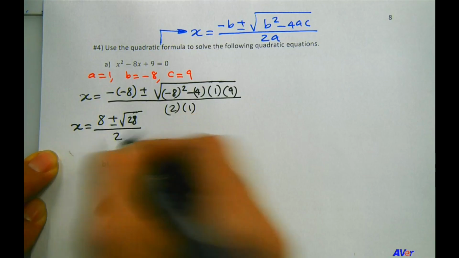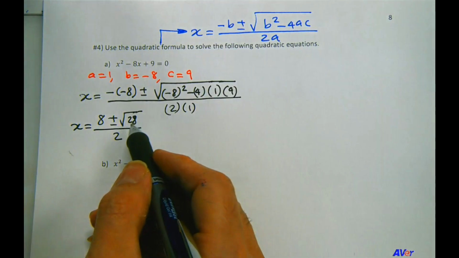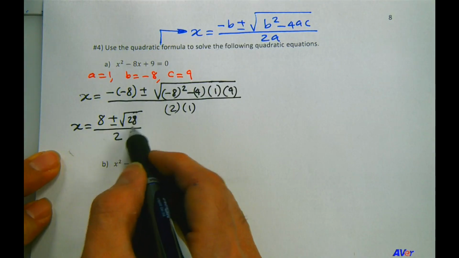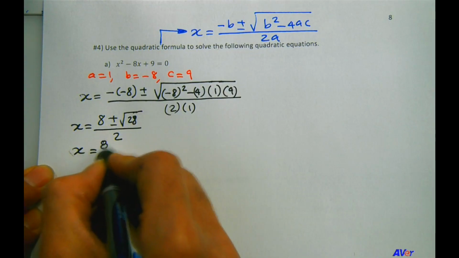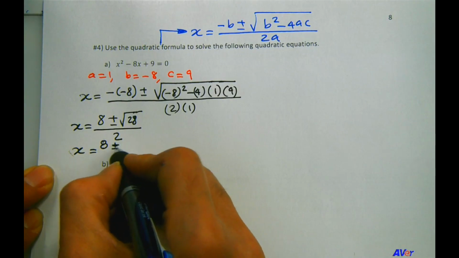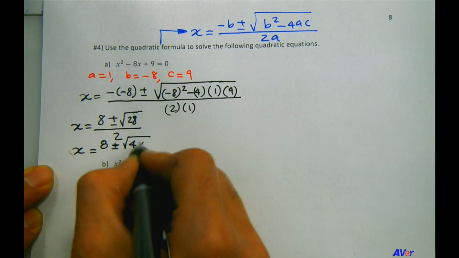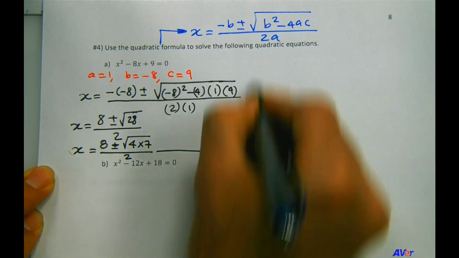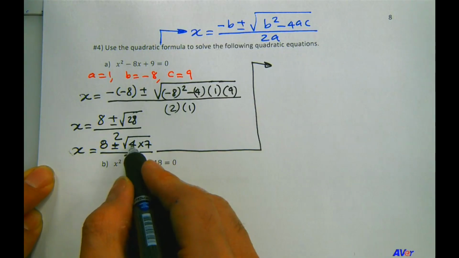Divided by 2. Okay, so 28 is 4 times 7. So 4 can come out and become 2 times square root of 7. Right? So x is equal to 8 plus or minus square root of 4 times 7 divided by 2. I'll try to fit my solution on this page. Hopefully it'll fit. So 4 is 2 squared.